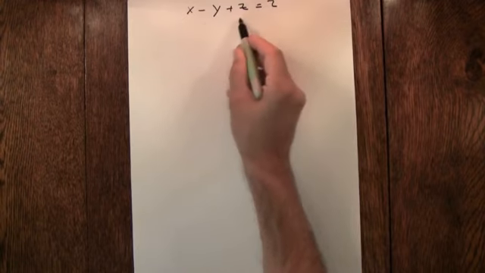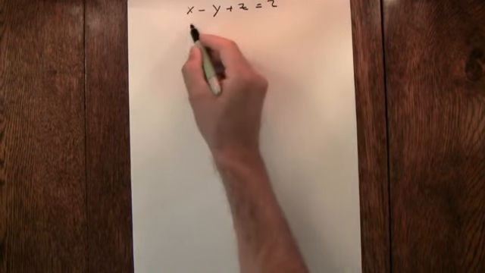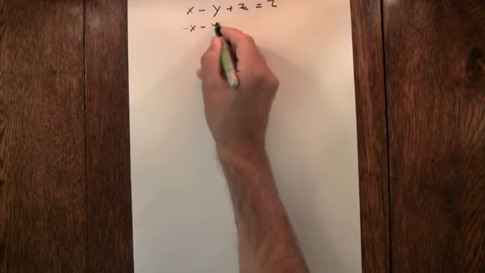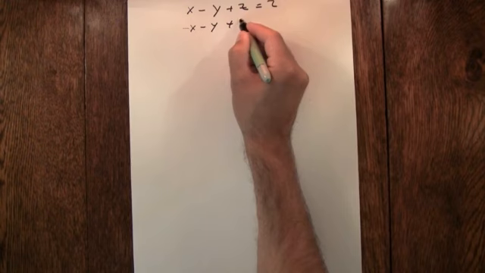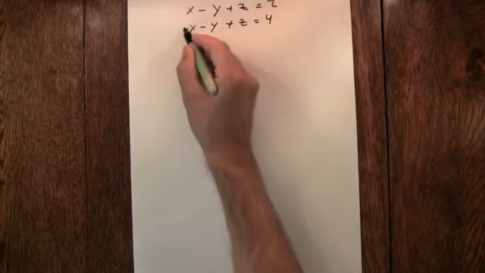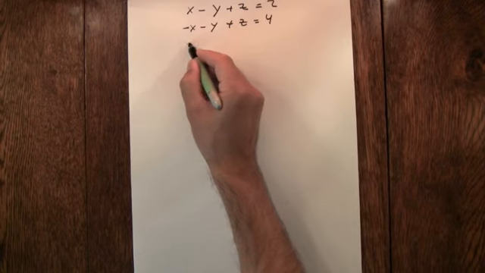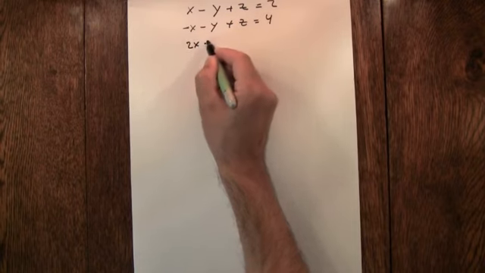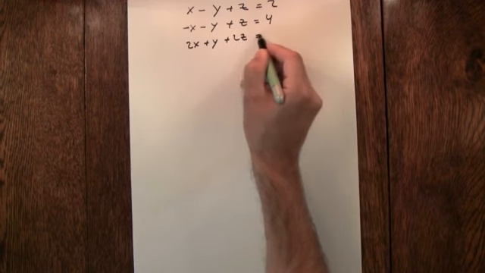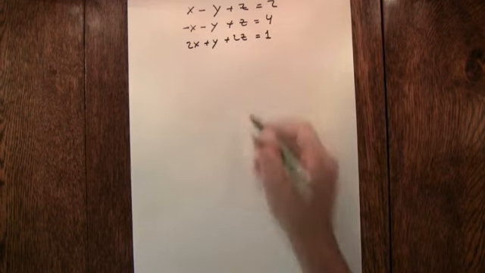We had x minus y plus z is equal to 2. We got negative x minus y plus z is equal to 4. And let's say we had 2x plus y plus 2z is equal to 1.